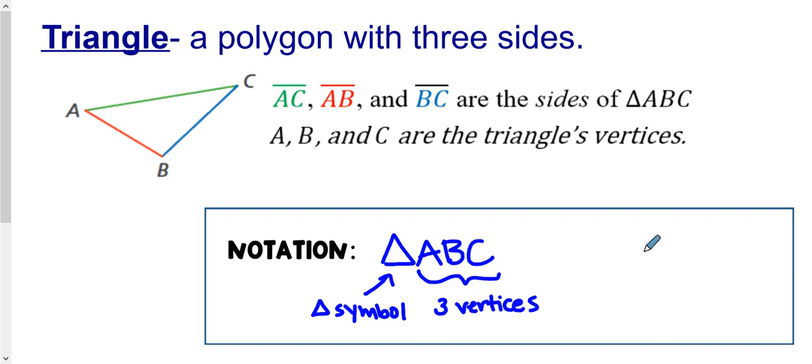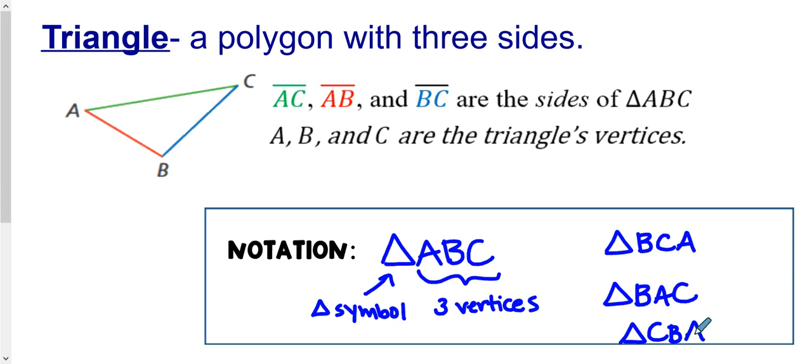And order doesn't matter, so you could also start with B and say that this is triangle BCA, or triangle BAC, or you can start with vertex C and name this triangle CBA. So order doesn't matter, but typically we go in alphabetical order.